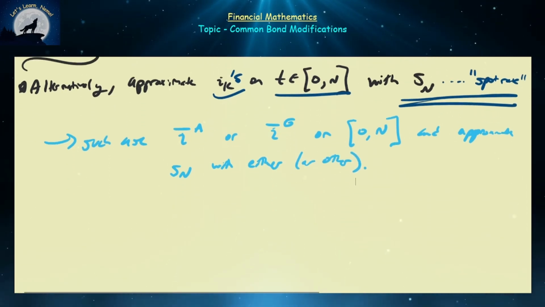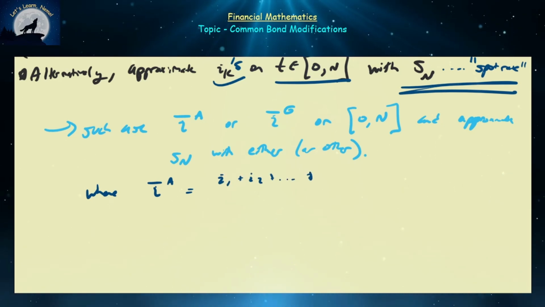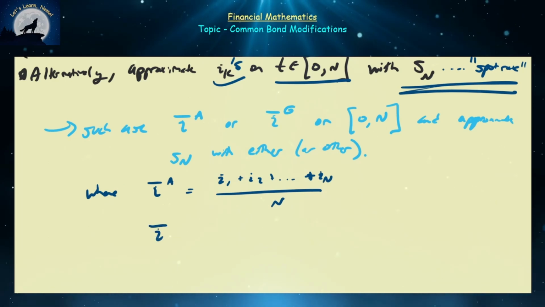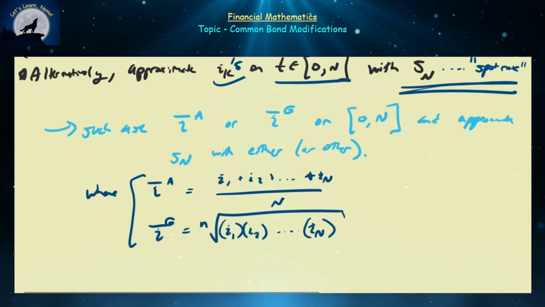And in case you don't remember arithmetic and geometric means, the arithmetic mean of the interest rates is i_1 plus i_2 all the way down to i_n all divided by n, and the geometric one is the nth root of i_1 times i_2 all the way down to i_n. So that's the arithmetic and geometric mean approximations.